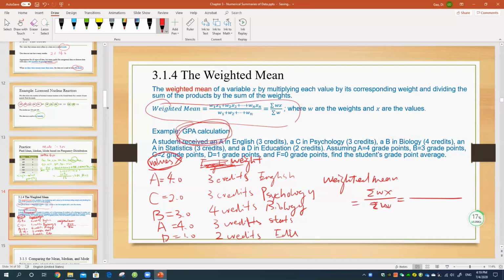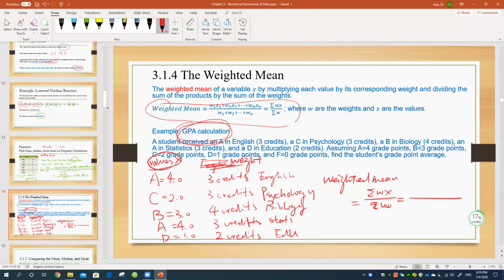So now let's look at the denominator first. Sum of W, sum of weight. Sum of weight means in total how many credit hours the student takes for this semester. So the student takes 3 hours plus 3 hours, that's 6, plus 4, that's 10, 10 plus 3, that's 13, plus 2.